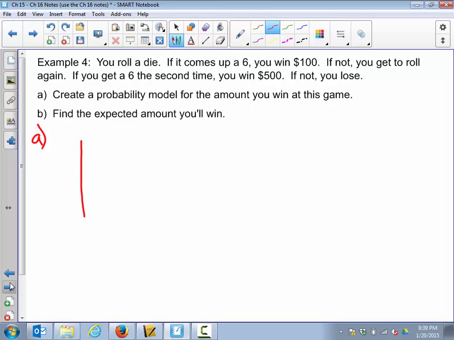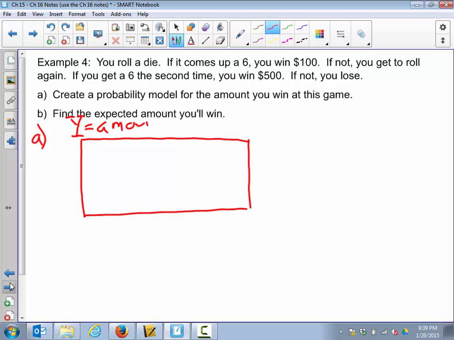Let's start with the following, because I think this is how you guys would approach this. Let's try to make our probability model and then see why we don't have enough information yet. Some of you guys may see this already. Let's go with y, switch it up here, is the amount won.